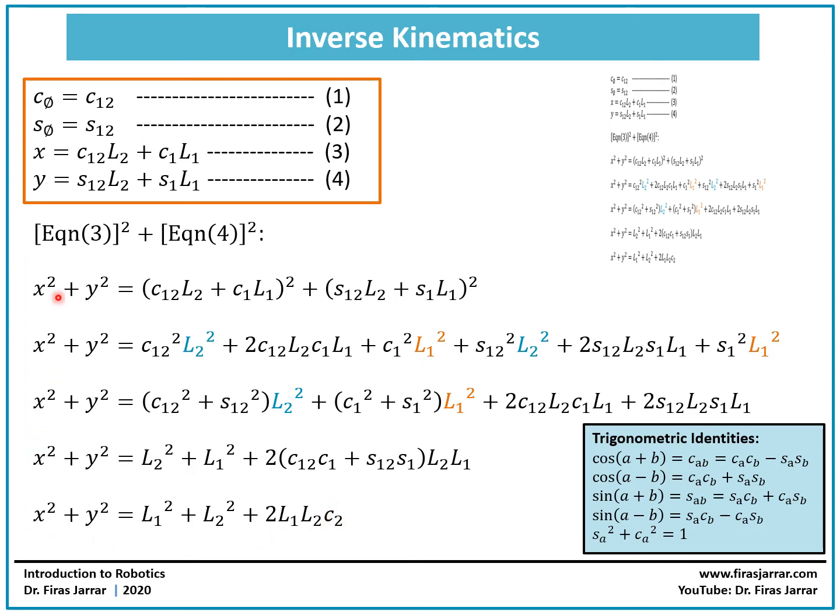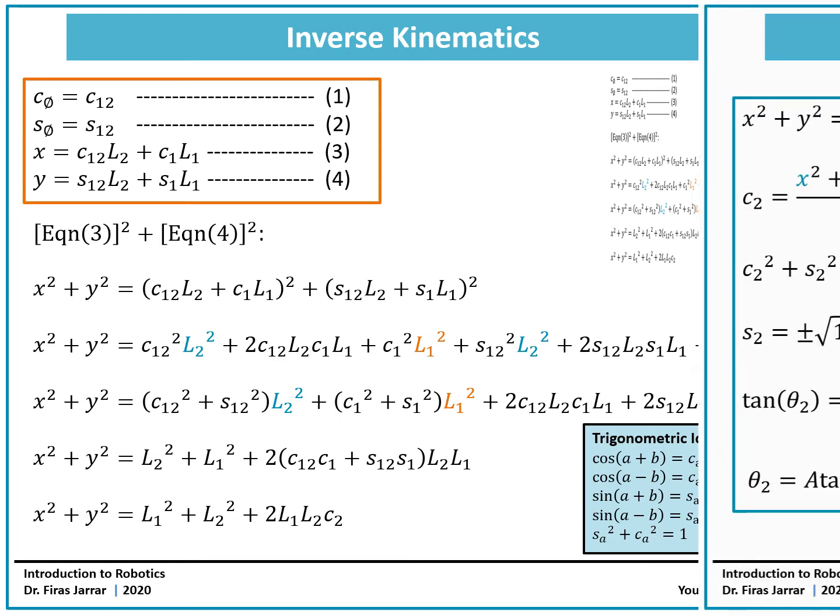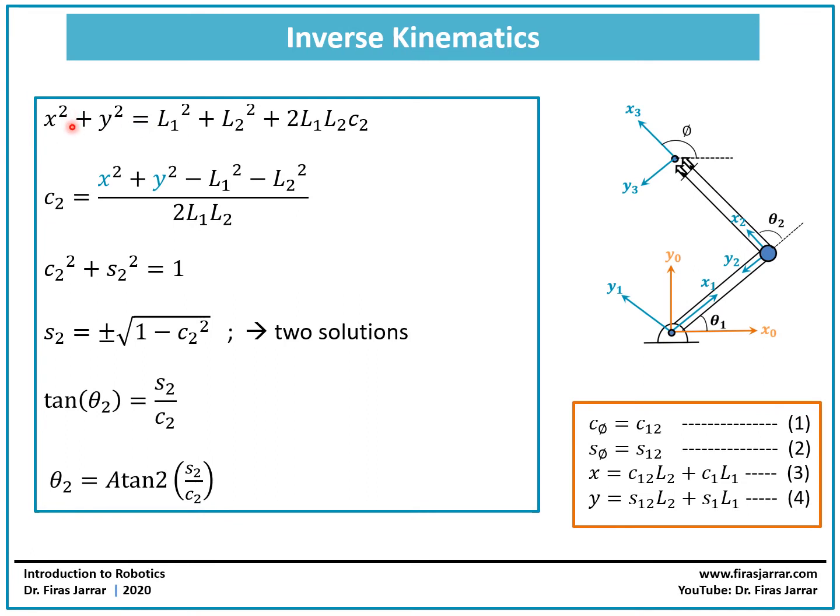So you can see how we started with a little bit long equation, but with a little bit of manipulation, it turned out to be much simpler. Have a good look at this equation, and you will realize that x squared is a known value, because it is the desired value for the position of the end effector, for both x and y.